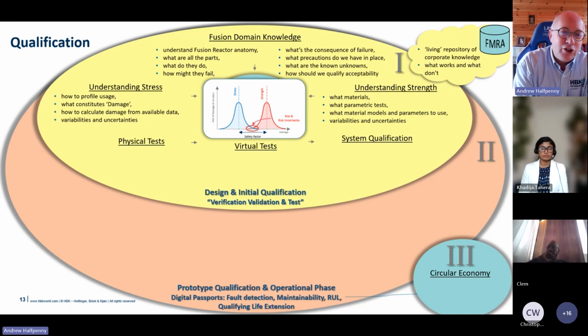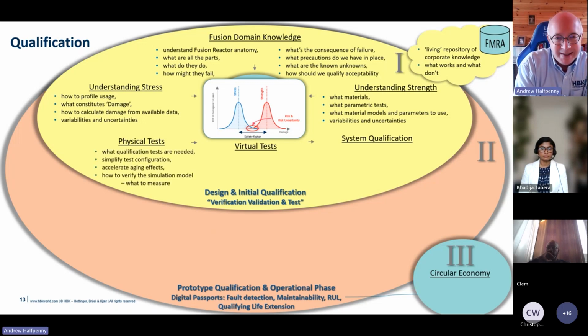So we do that by generating a physical test. We've had parametric tests to understand materials and things, but when we talk about qualification, we're talking about components, subcomponents, and whole systems. So what will those physical tests look like? How do we qualify acceptability? First of all, what qualification test will we need for our reactor?